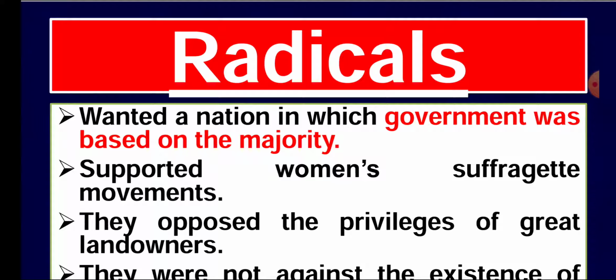They supported the women's suffragette movement. Women's suffragette movement refers to the right to women. Suffrage, this terminology is used for the right to vote. They opposed the privileges of great landowners. They were not in favor of the privileges. Privileges here refers to benefits or facilities to the owners.